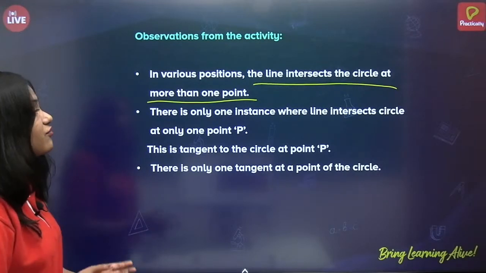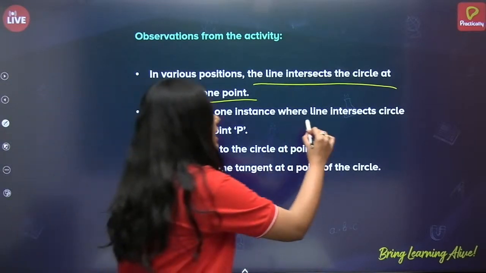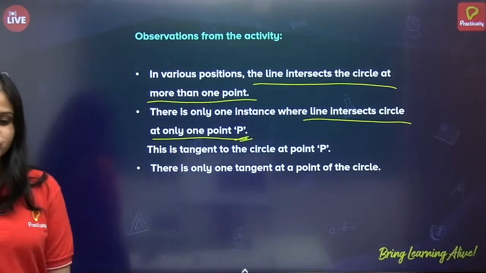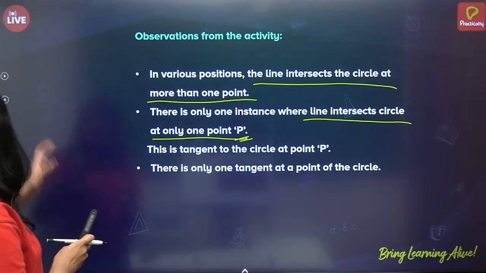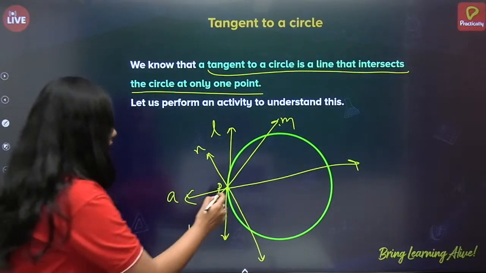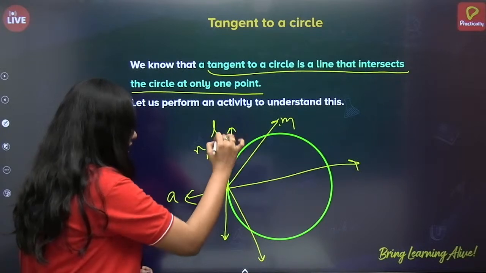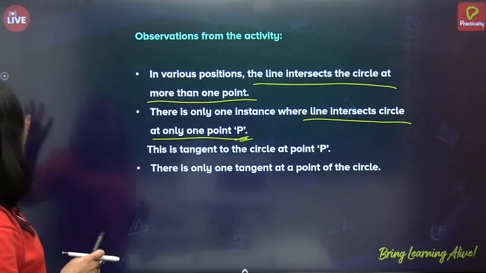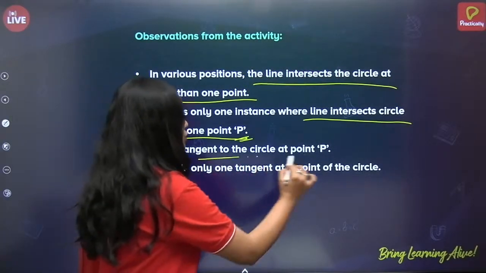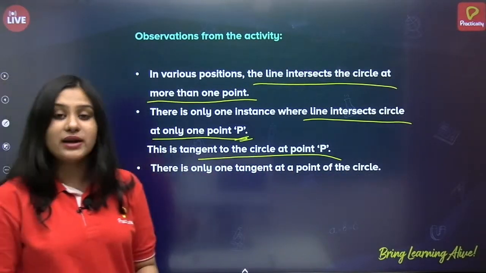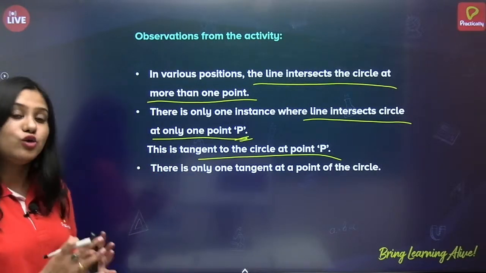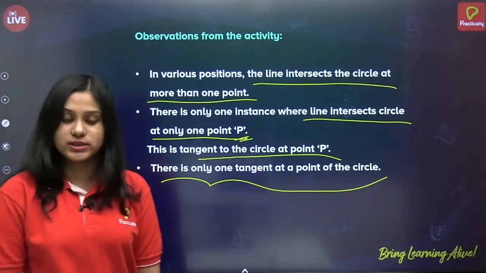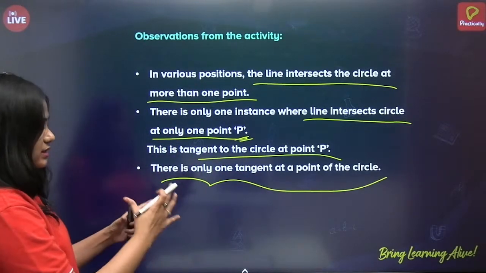Next, there is only one instance where the line intersects the circle at only one point P, that is line L. This is known as the tangent to the circle at point P. And the important note we get is there is only one tangent at a point of the circle. So what does this mean?